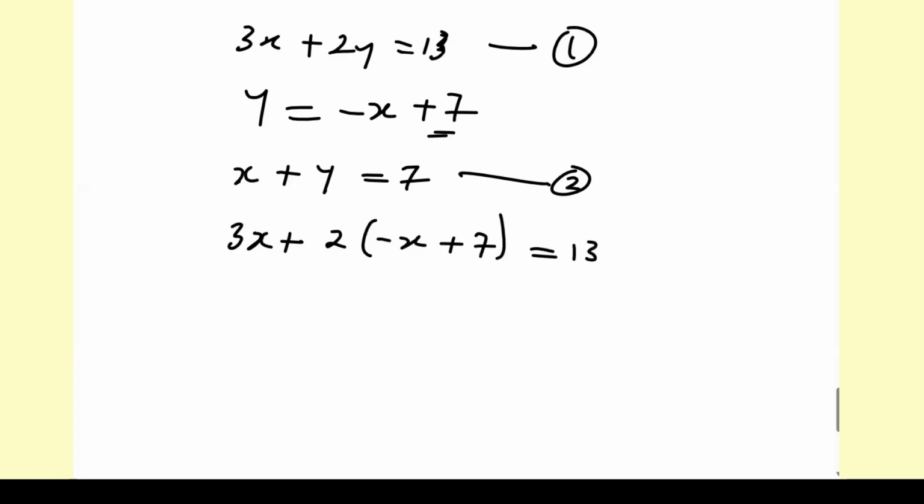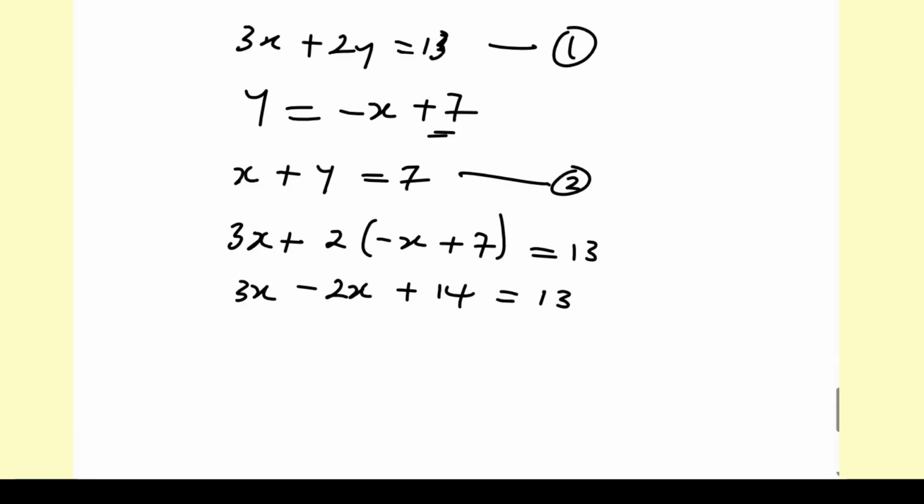All right, so you open this bracket, we have 2 times minus x gives us minus 2x. And 2 times plus 7 gives us plus 14, equal to 13.